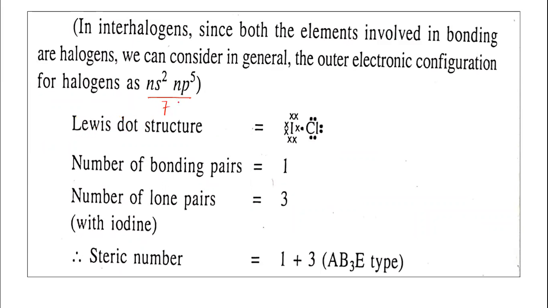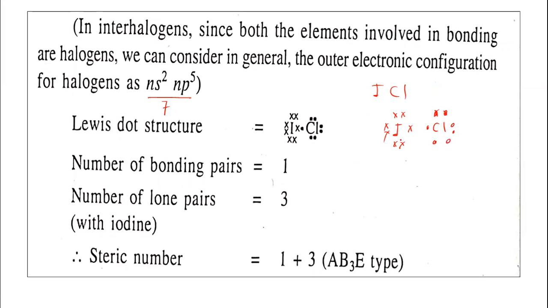So let us draw the Lewis dot structure of ICl, iodine monochloride. Iodine has 7 valence electrons. Let us show the valence electrons by crosses: 1, 2, 3, 4, 5, 6, and this is 7. The same number of valence electrons for chlorine: 1, 2, 3, 4, 5, 6, 7.